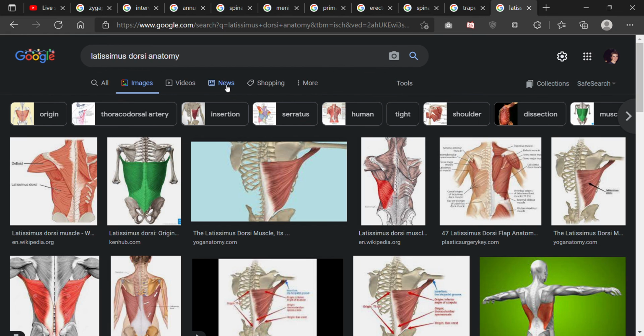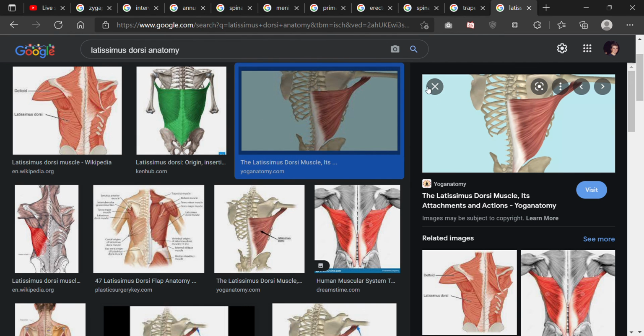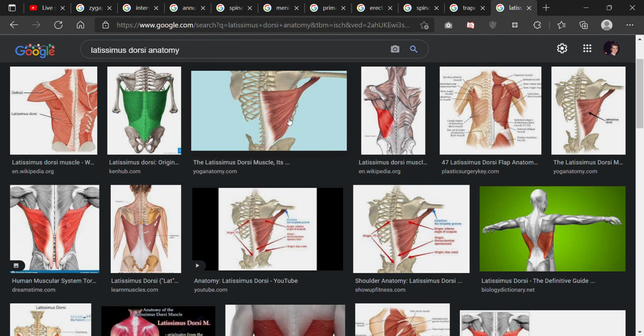Lastly for today is the latissimus dorsi. It is the broadest muscle of the back, and it's responsible for adduction of the humerus and internal rotation of the humerus, and it's also a powerful rotator of the trunk. You can see the ADD of the humerus, because in a pull-up or chin-up, or in a row, you're adducting the humerus towards your body.